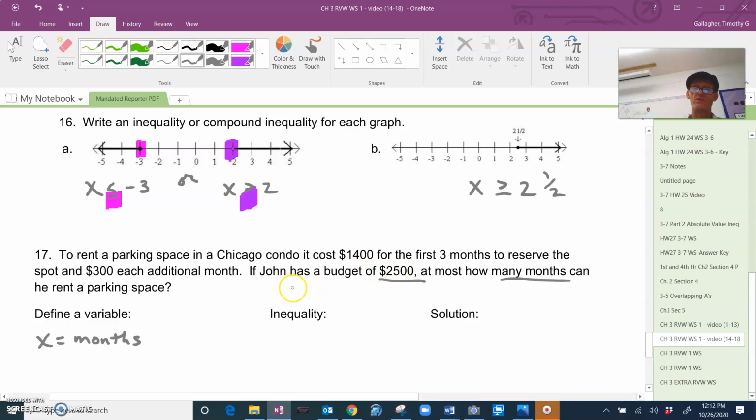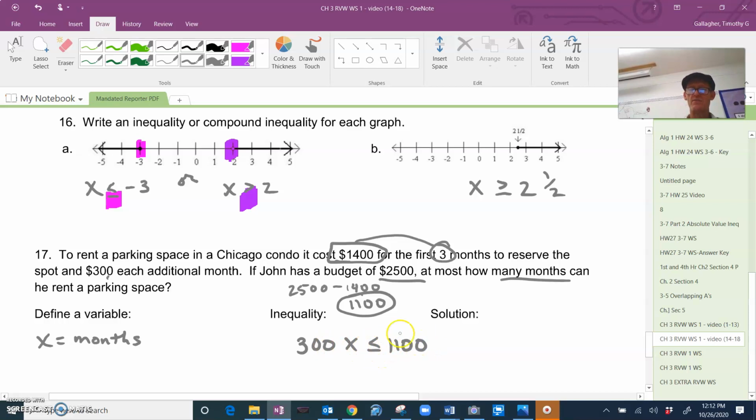So right now he has $1,100 to deal with because he has to spend the 1,400 for the first 3 months. So the 300 per month, times the number of months, has to be less than or equal to 1,100.